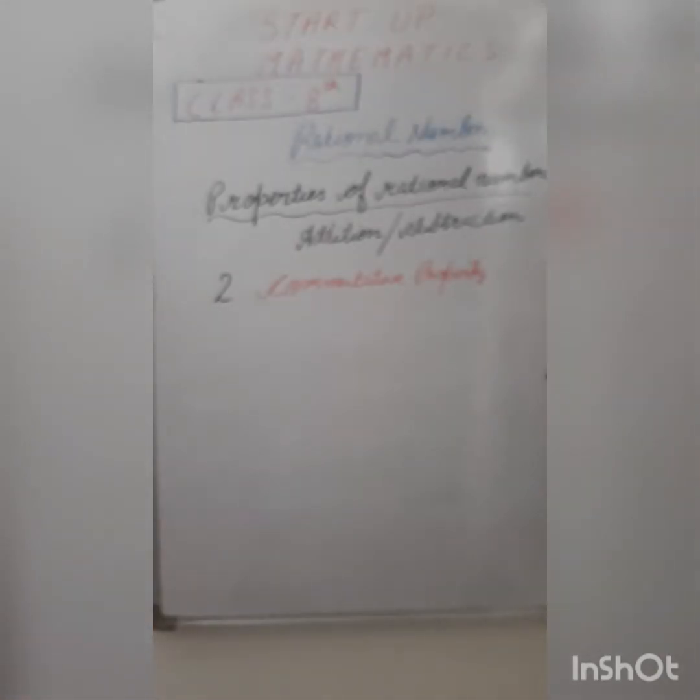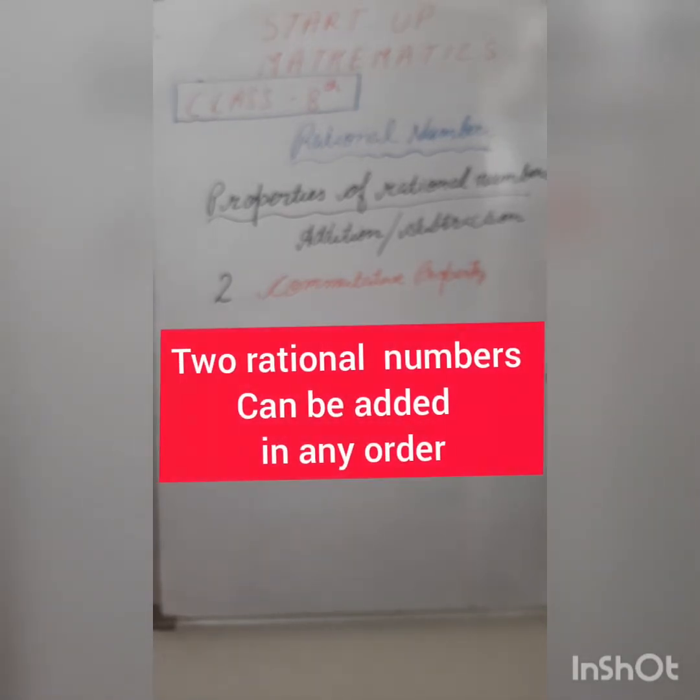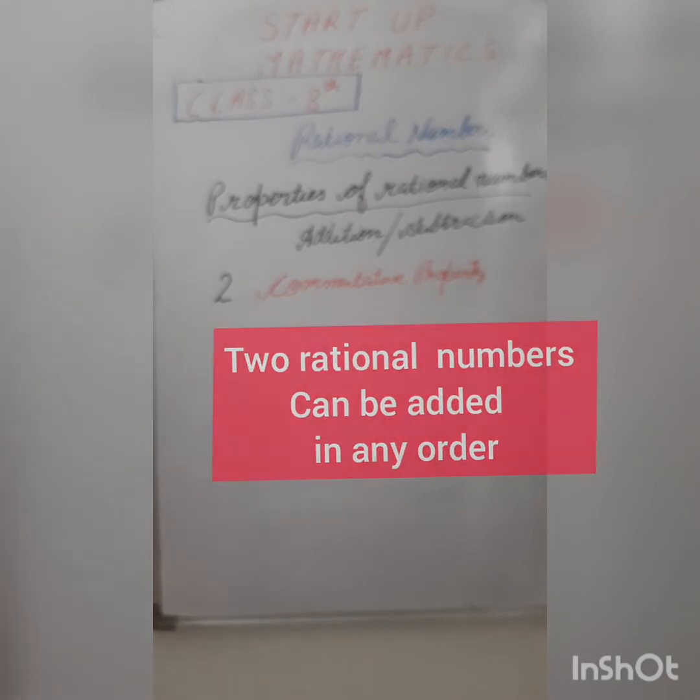Again, we will see this property in case of rational numbers. Commutative property means you can add two rational numbers in any order. Two rational numbers can be added in any order, right?